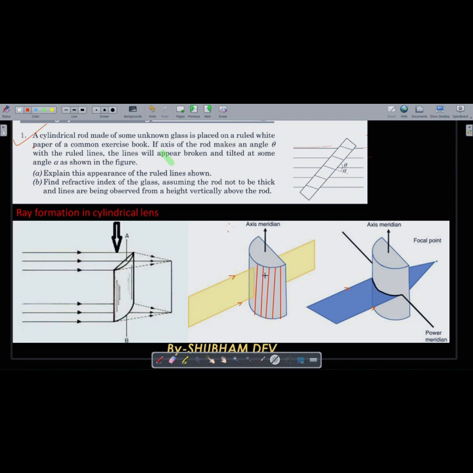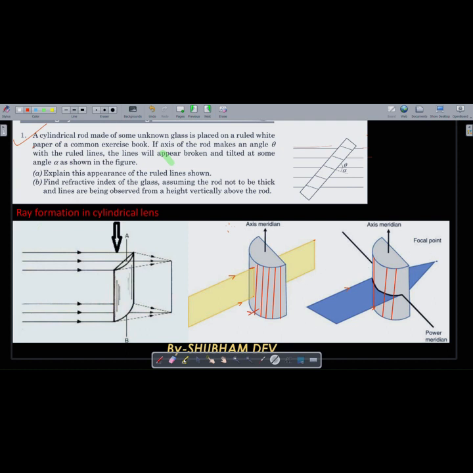Basically, I want to say that these lines will be parallel, and here you can see these lines will be perpendicular. The lines that are parallel to the cylindrical lens will just move on without deflection. This time it will act just like a glass slab, and here it will act like a spherical lens.